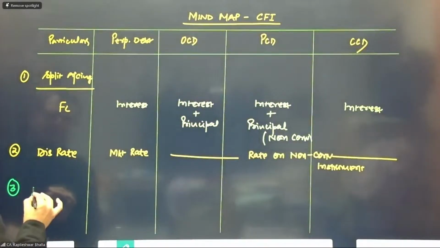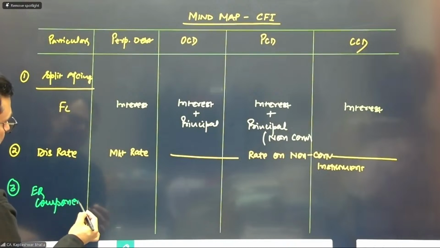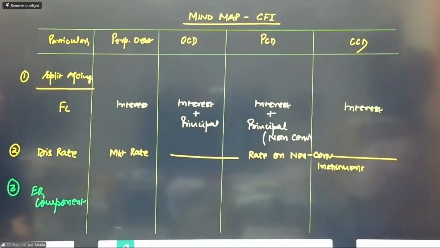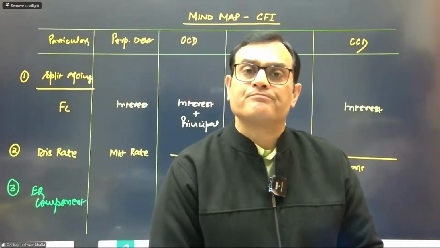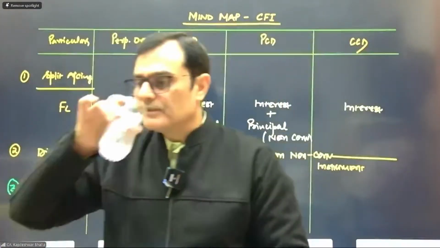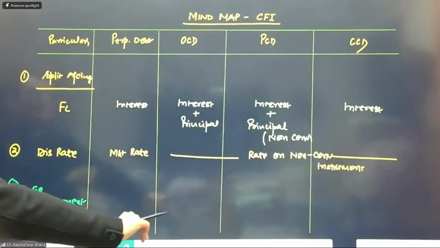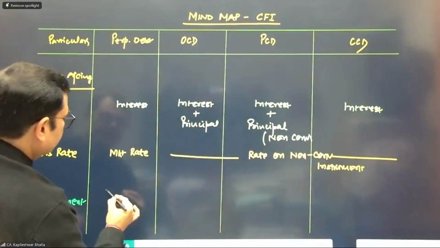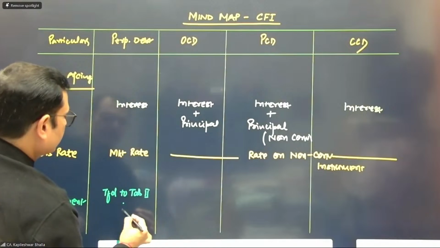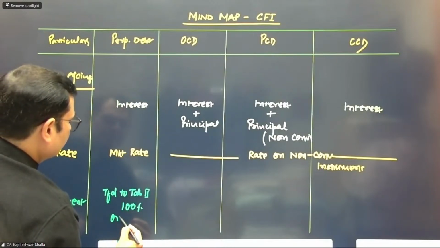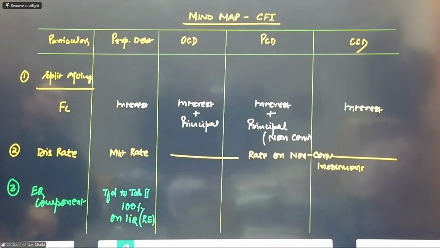My third agenda is the treatment of the equity components at the end. In terms of a perpetual debt, does it go to tab 2 entirely on liquidation? Can I say it gets transferred to tab 2, 100% on liquidation of the company, correct? And we're going to put this in retained earnings of tab 2.